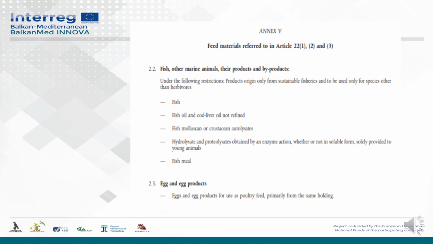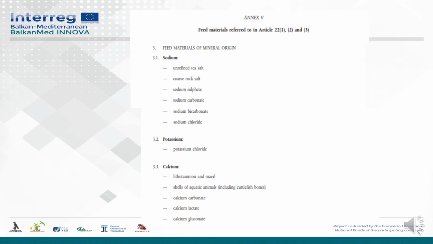The third group of feeds of animal origin are egg and egg products, for use as poultry feed, primarily from the same holding. So as a priority, it has to be from the same holding and not from other holdings.